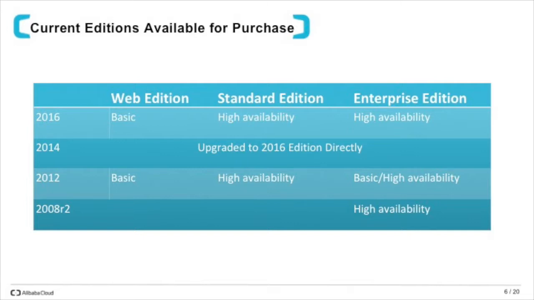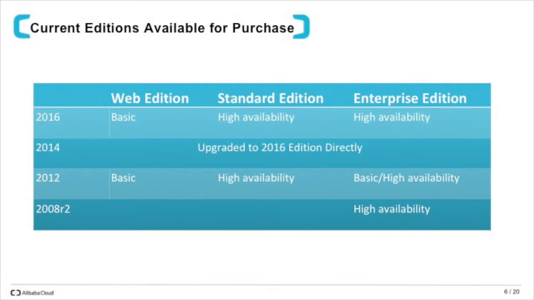So the 2008 R2 and the 2012 Enterprise editions can upgrade to 2016 standard editions, because 2016 standard edition includes major 2016 Enterprise Edition features. RDS does not support SSIS, SSRS, SSAS for now. We will perhaps release them with the 2016 Enterprise editions.